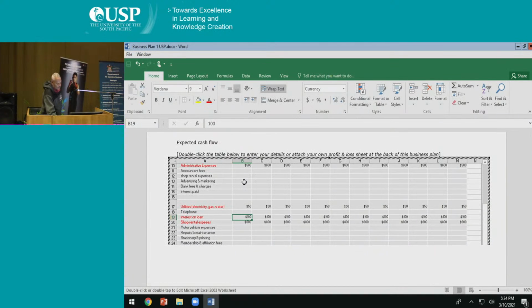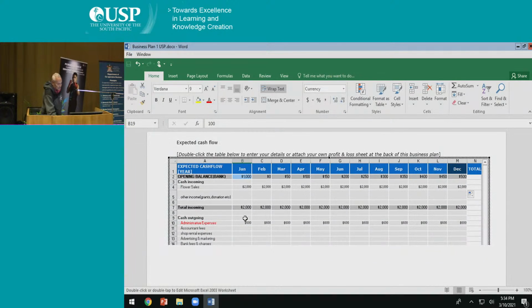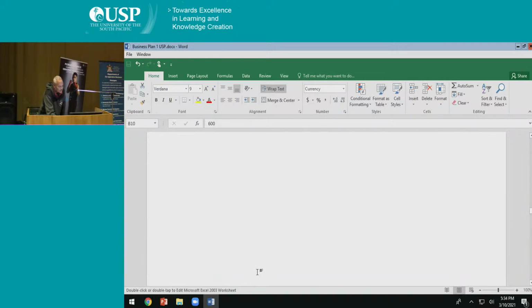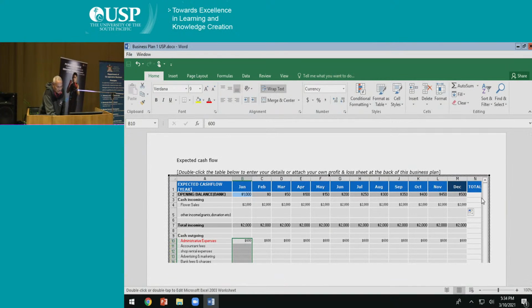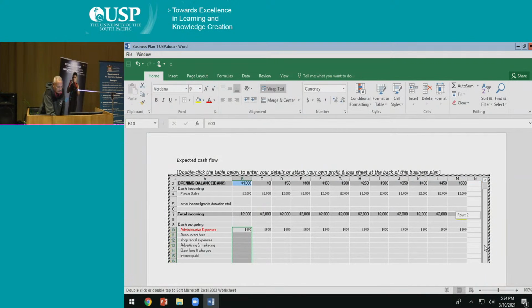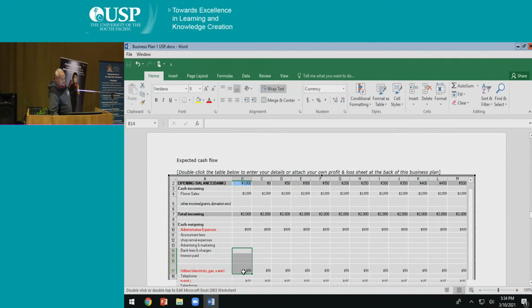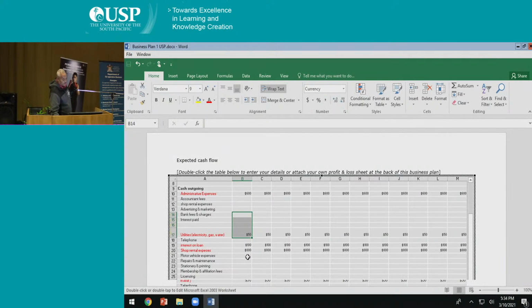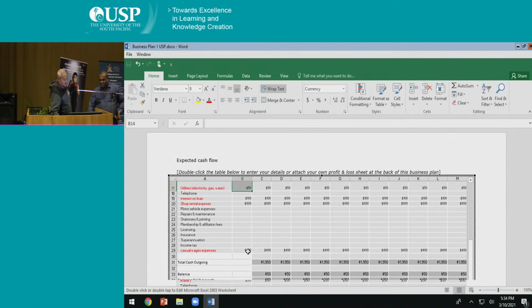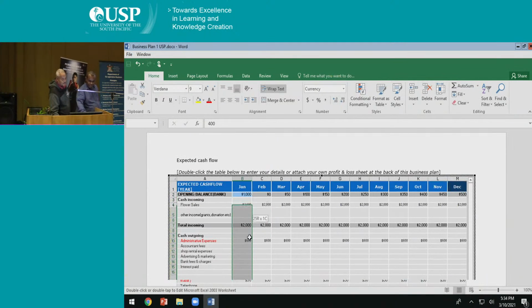Add this administrative, utilities, and let's add it. In cash outgoing. Total. Done.